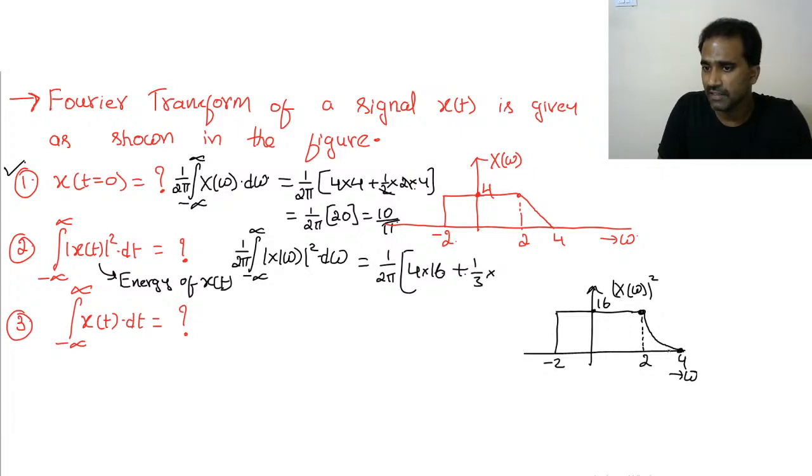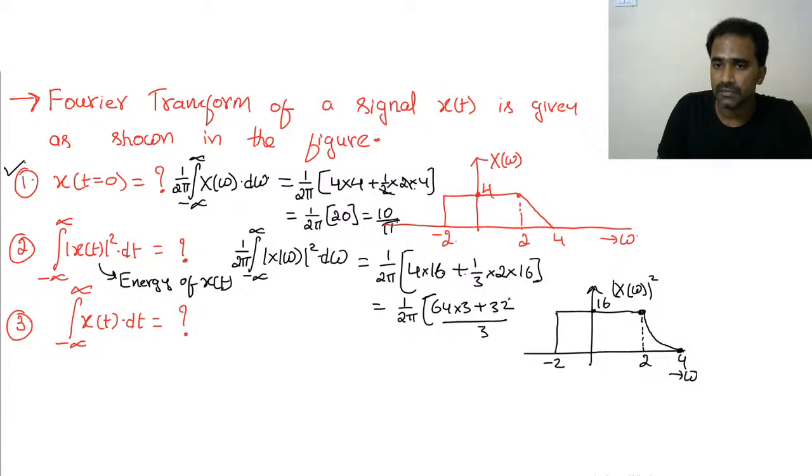What is the base width of this parabolic part? 2 units, and height is 16 units. So 16 4s are 64, and 16 2s are 32 divided by 3. So it is 1 by 2 pi into 64 plus 32 by 3.